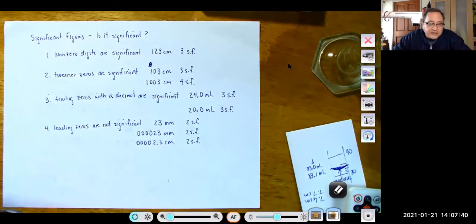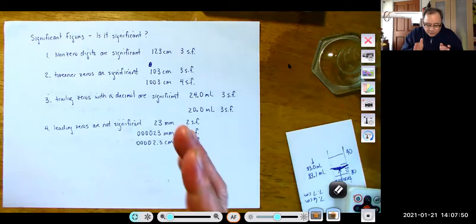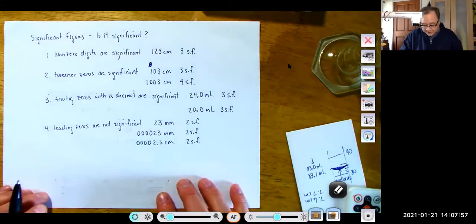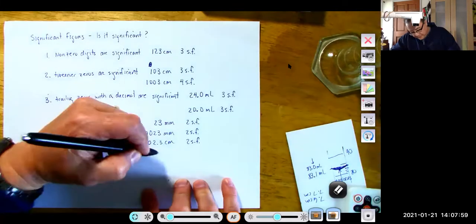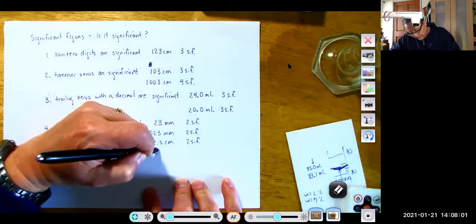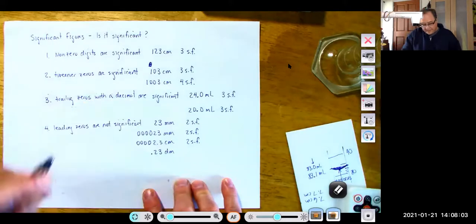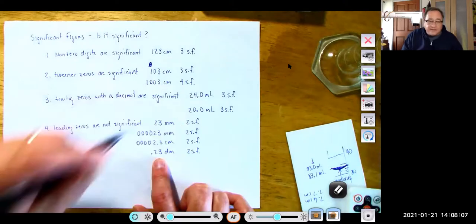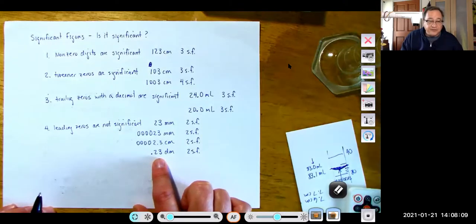Now, I want to tell you something about 23 millimeters and 2.3 centimeters. They're the same amount. So if I measure something as 23 millimeters and I convert it to 2.3 centimeters, it still only has two significant figures. It's not hard to believe that that only has two significant figures.